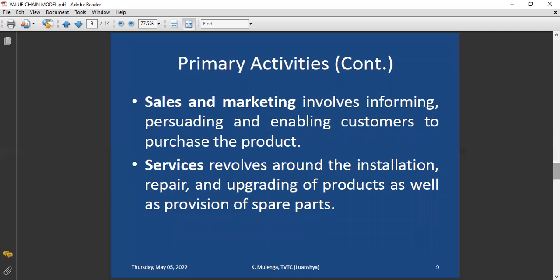Then we have sales and marketing, informing, persuading, and enabling customers to purchase the product. Then we have after sales service, which revolves around the installation, repair, and upgrading of products, as well as the provision of spare parts. So these make up the primary activities of the value chain model.